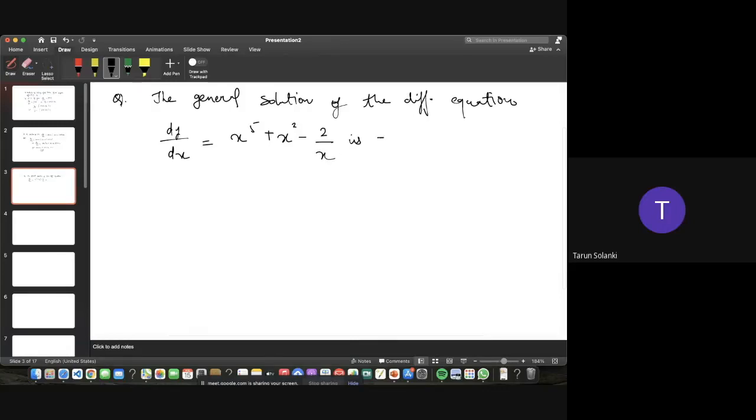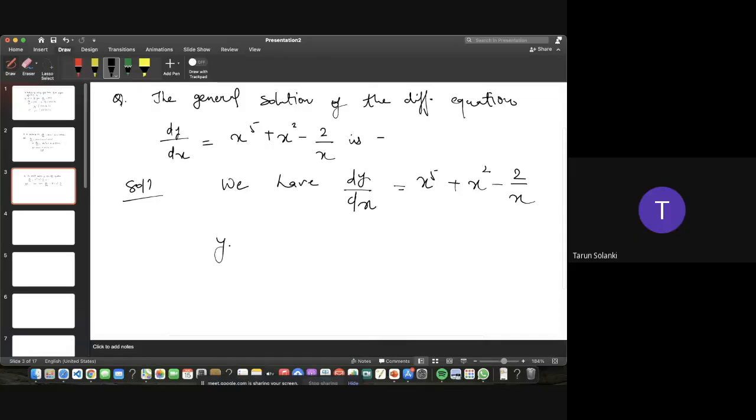Solving, we have dy by dx is equal to x to the power 5 plus x square minus 2 by x.